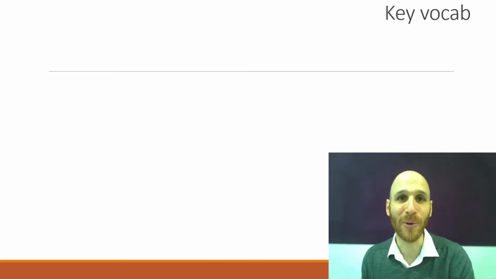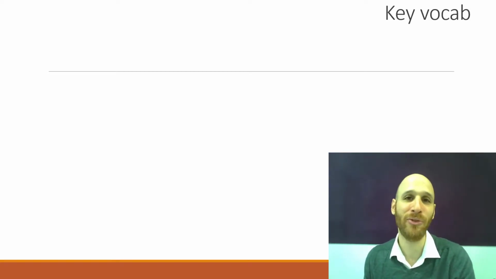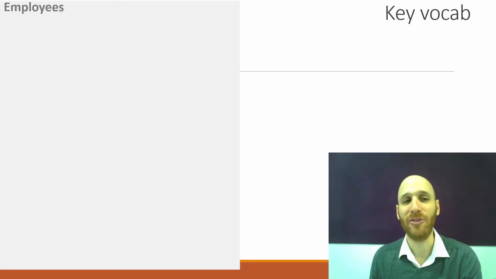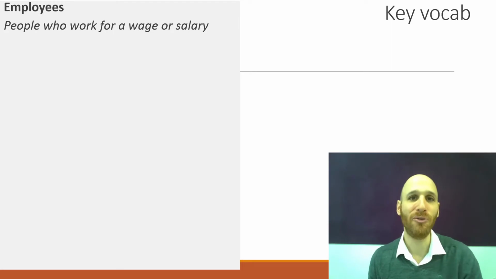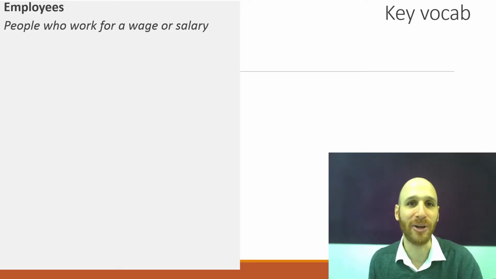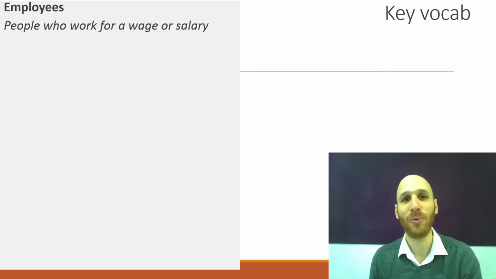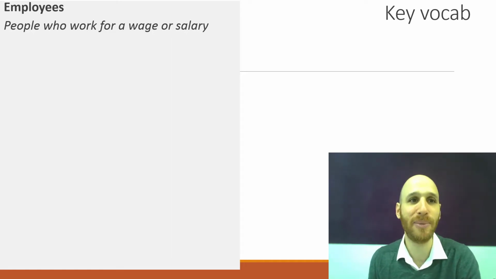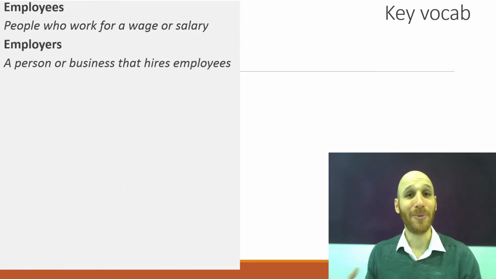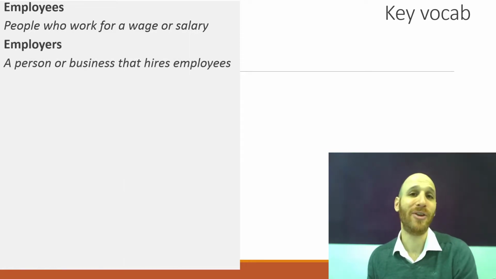Before we start, as always, let's look at some key vocab terms. The first term we're going to need to know is employees. Employees are people who work for a wage or a salary. So they get an hourly rate of pay or a yearly rate of pay, but they are people who work for this income. Employers are a person or business that hires employees.